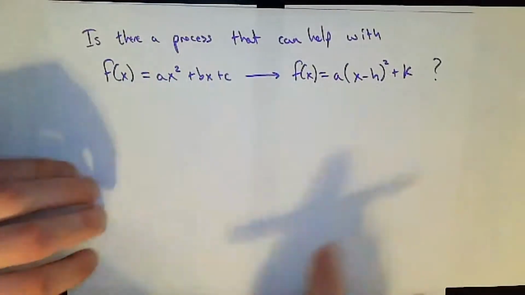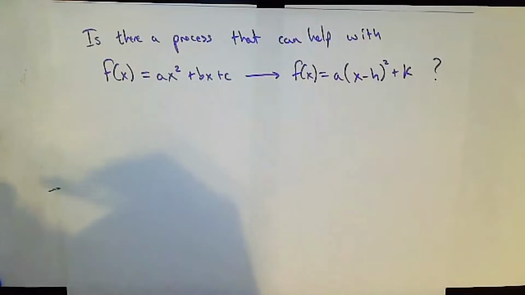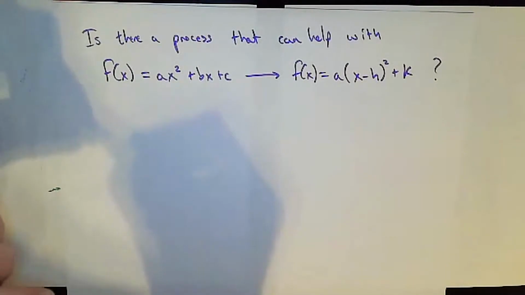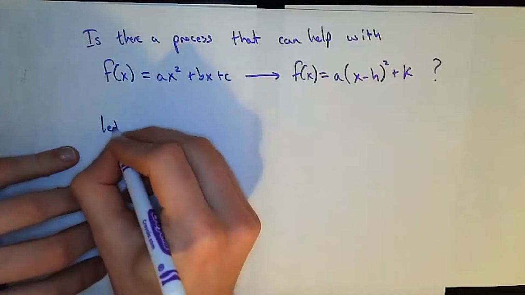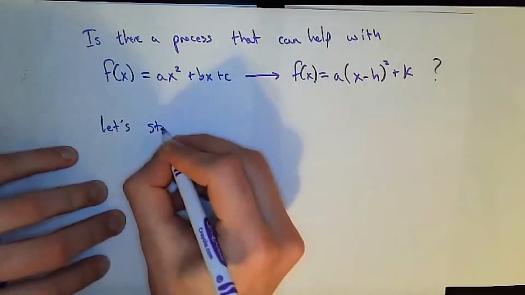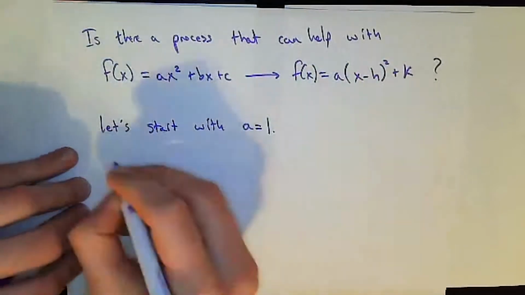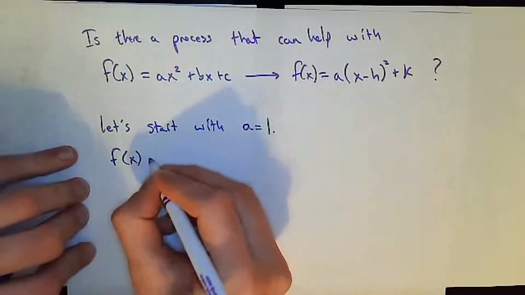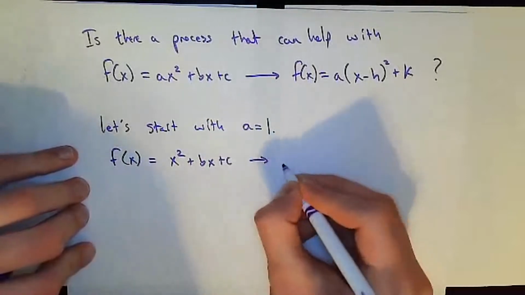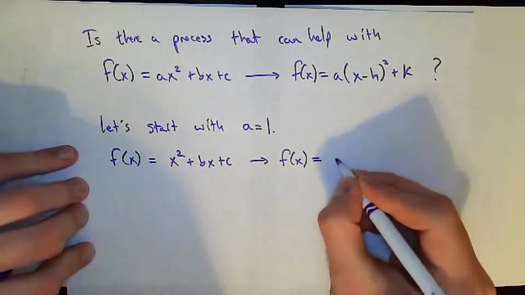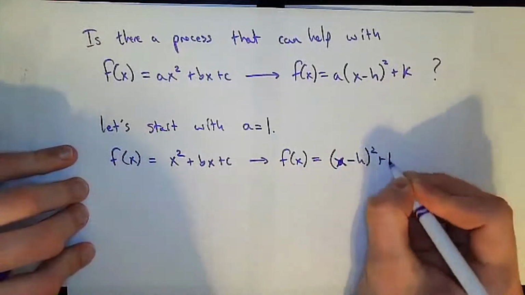Is there a process? Yes, there is a process. First, let's just consider the examples we've been looking at where A is 1. So a very special case, but let's start there. Let's start with A equal to 1. So we want to get from x squared plus bx plus c to, see how I'm just letting A be 1, x minus h all squared plus k.